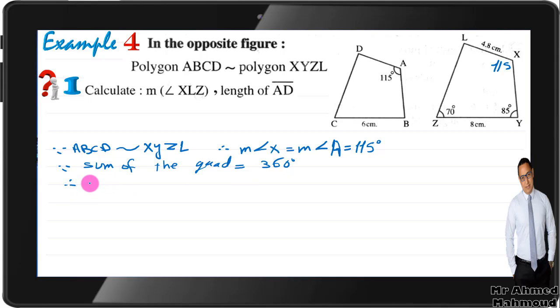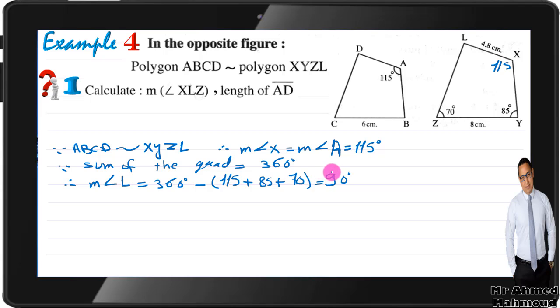Therefore, the measure of angle L equals 360 minus open brackets 115 plus 85 plus 70 equals 90 degrees. This is the first required.